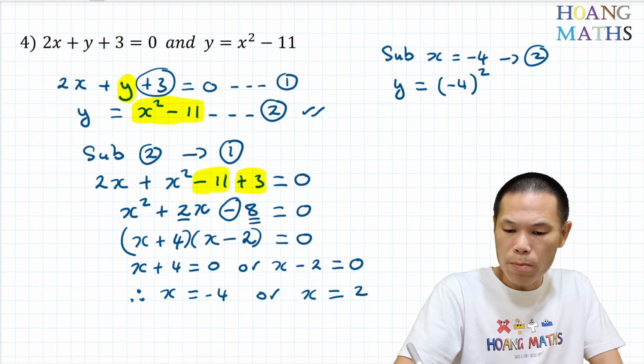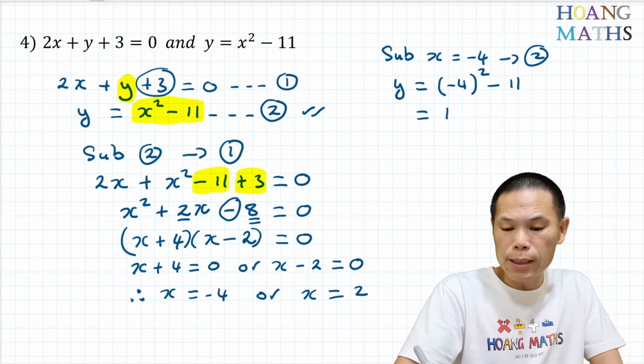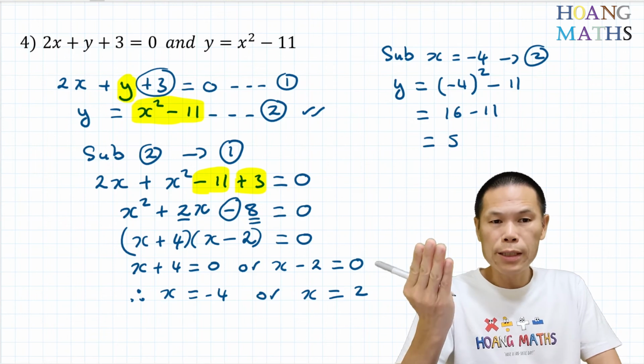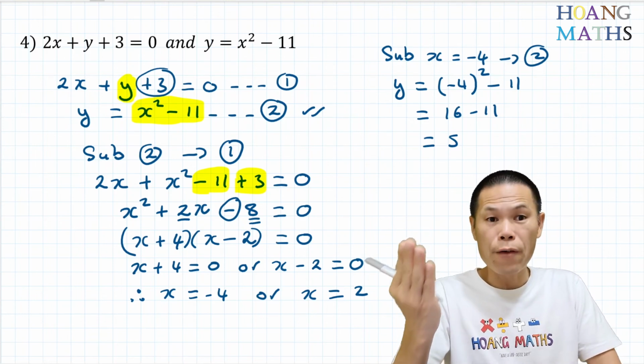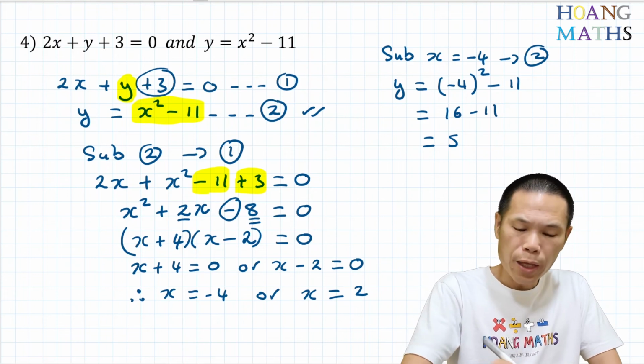So square, and then we minus 11. So negative 4 squared is 16 minus 11, that give me 5. So please keep that in mind. If not sure, just put that on a calculator and you should get 5. So now we have x is equal to -4, y is equal to 5.